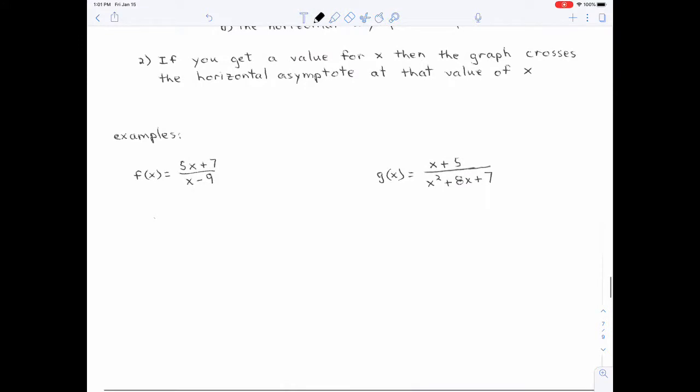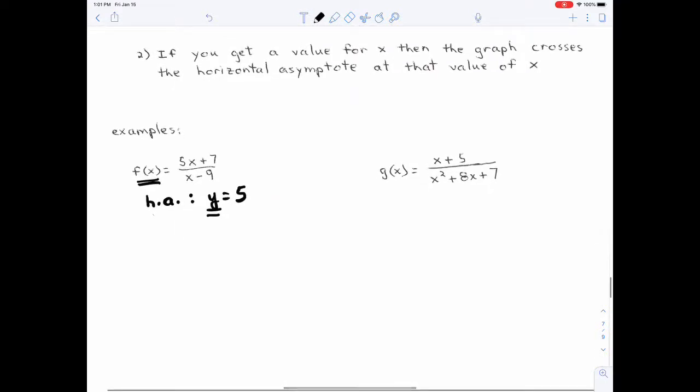All right, first of all, what's the horizontal asymptote? They're both to the first power, so it's y equals 5. That would be the horizontal asymptote here. Well, what I'm going to do is take this 5 and substitute it in for f of x, because those two things are the same. f of x and y are the same thing.